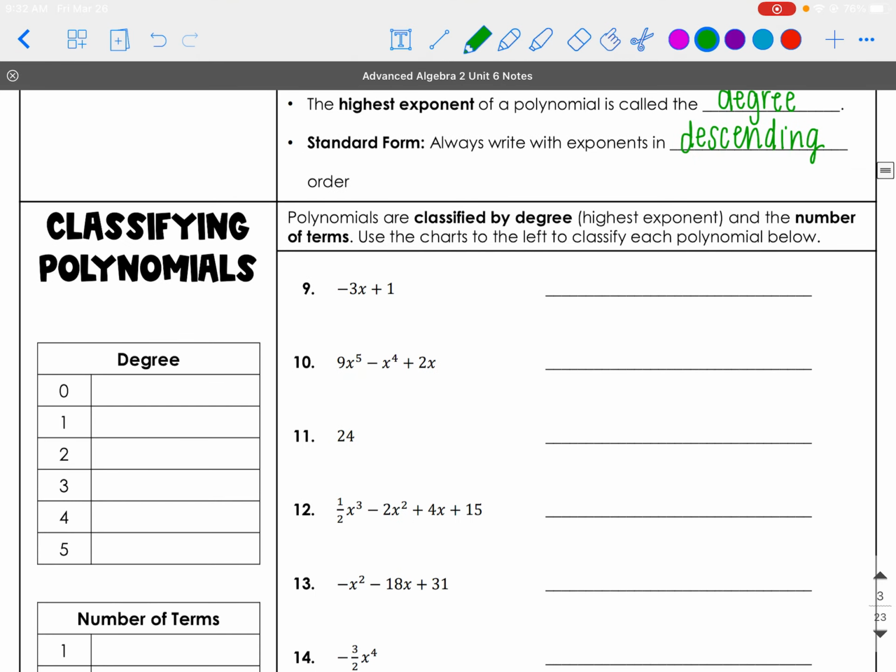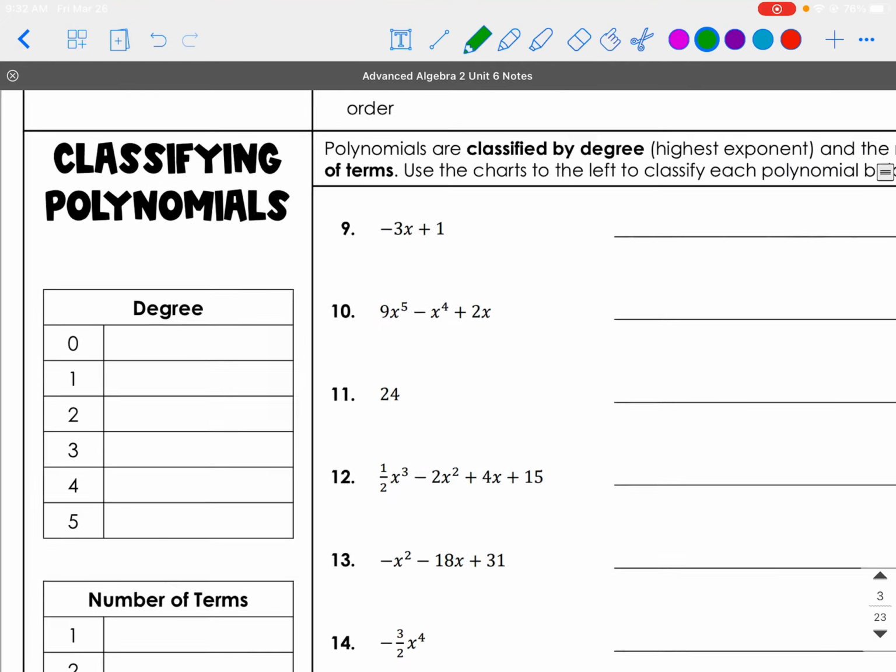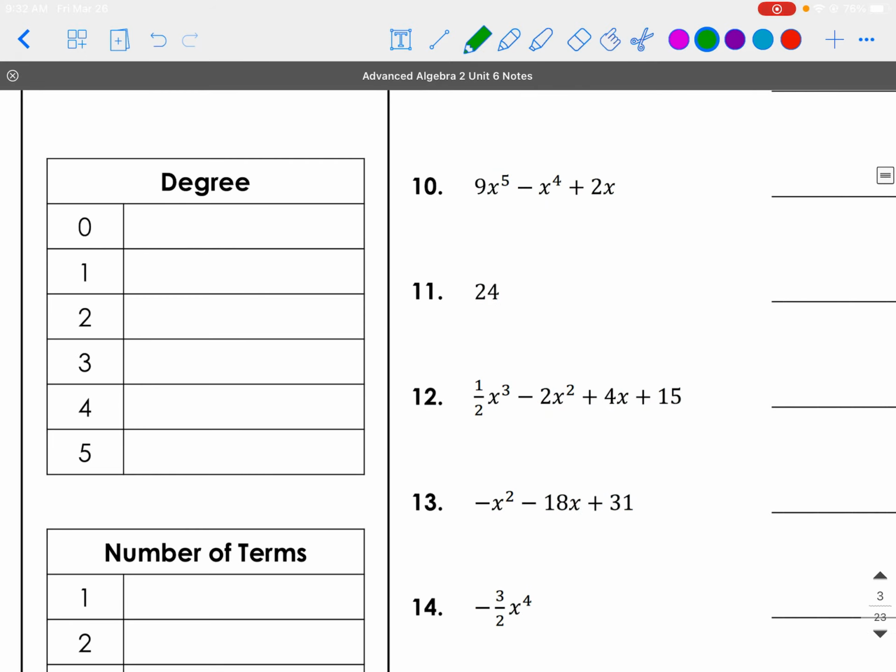When we name polynomials, they get a name based on two things: their degree and their number of terms. So we're going to go over here and label these polynomials. If the degree is 0, meaning there's not any x's or variables at all, we just call this a constant. If the degree is 1, so like 2x, that is a linear, just a straight line.